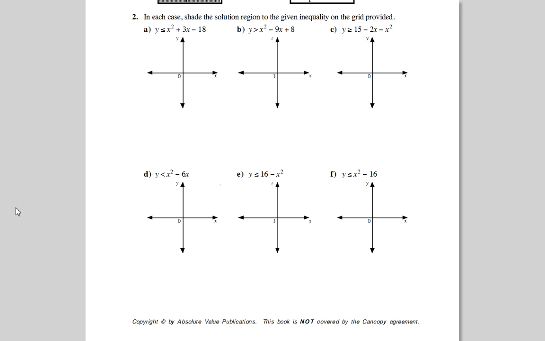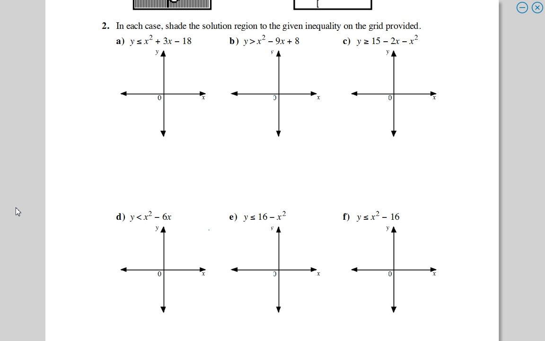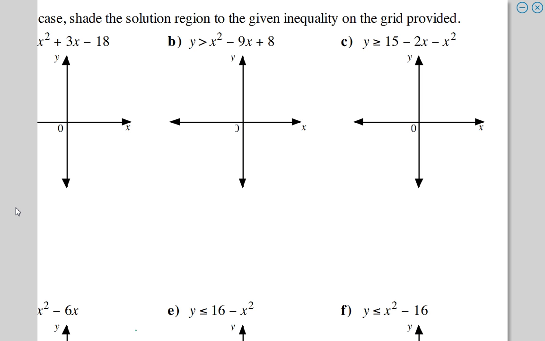Let's do some of these together. I will do part C for you. Actually, I'll let you guys do part C. C is a lot like class example 1. Actually, this whole question is a lot like class example 1. So let me just do one of them for you. Let's look at part B. Can we factor that?